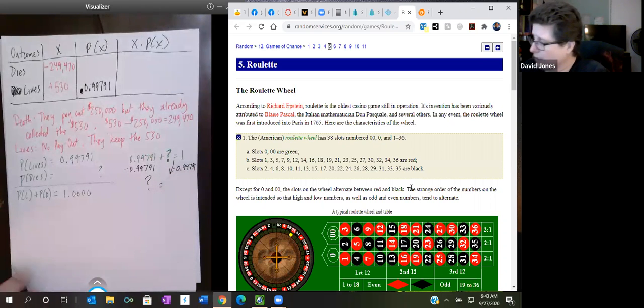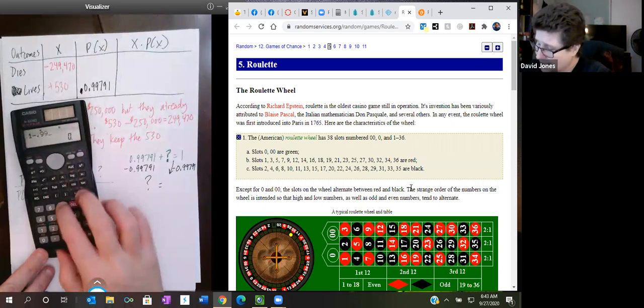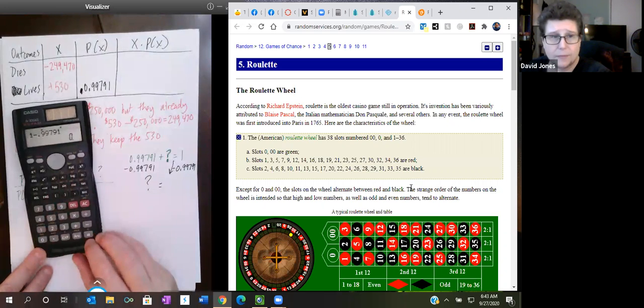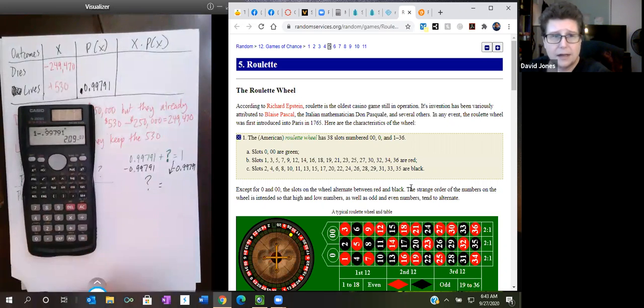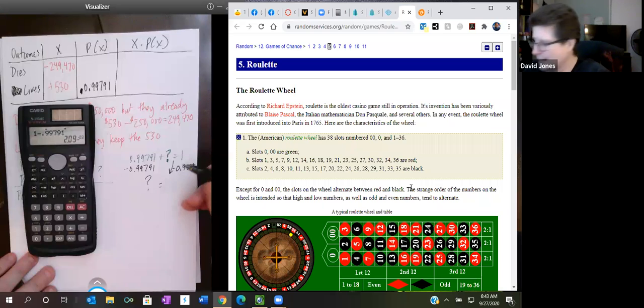My question mark is 1 minus 0.99791. And that e to the negative 3 means move the decimal left 3 times. 0.00209.